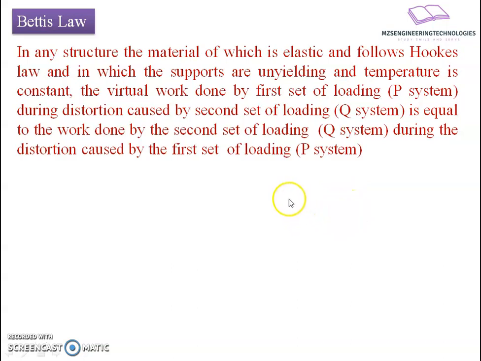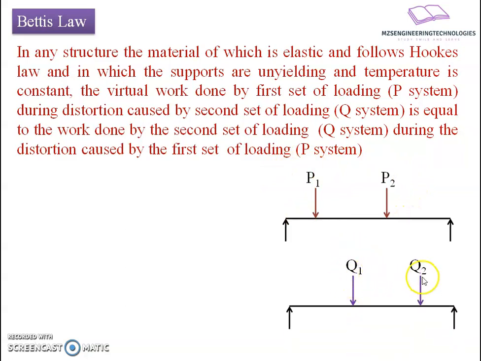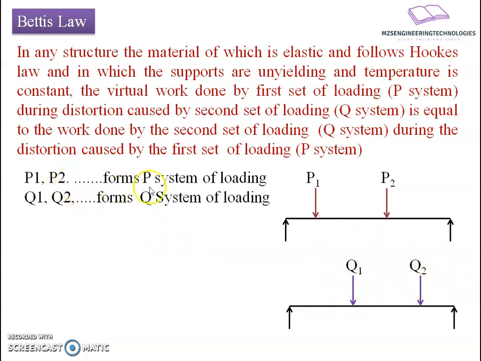Let's try to understand this statement, and for that we will do some mathematical calculation here. Let us consider a simply supported beam which is subjected to forces P1 and P2, representing the P set of force system, and Q1 and Q2, the forces of the second set, representing the Q system of forces. So P1 and P2 form the P system of loading, and Q1 and Q2 form the Q system of loading.